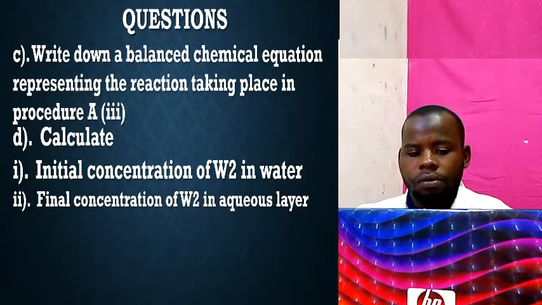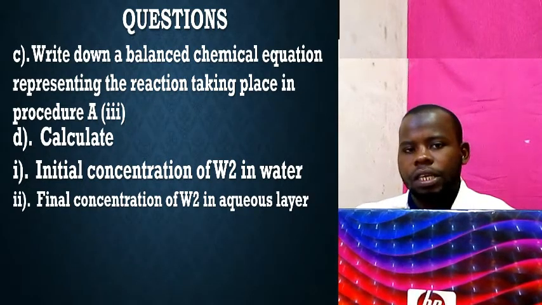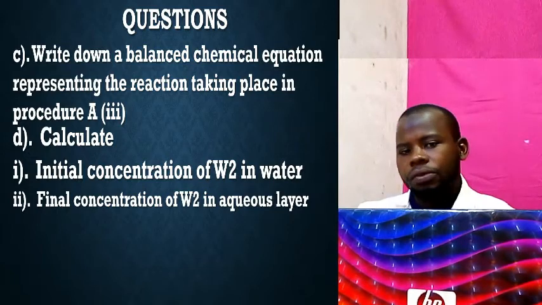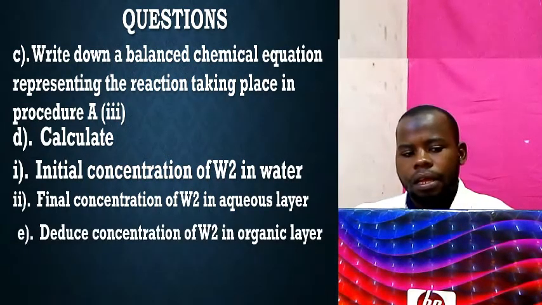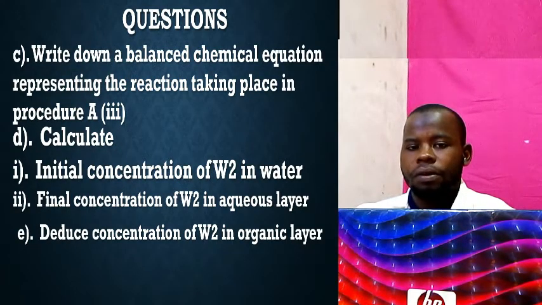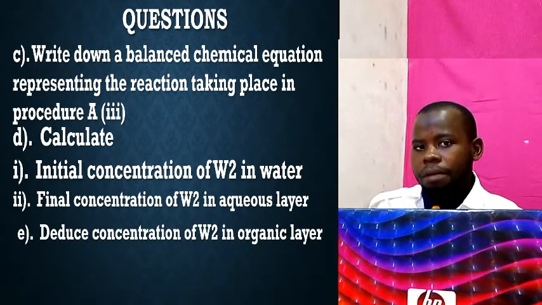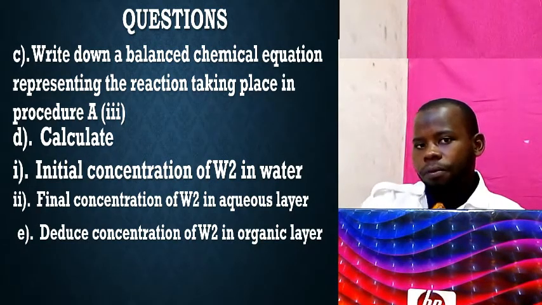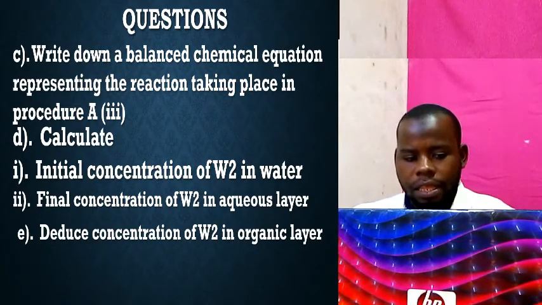Number 2, final concentration of W2 in the aqueous layer. That is the concentration after mixing the succinic acid and the diethyl ether. Deduce the concentration of W2 in organic. It means by using initial and final, we are going to take initial minus final to get the organic, which is the amount of concentration distributed to diethyl ether.